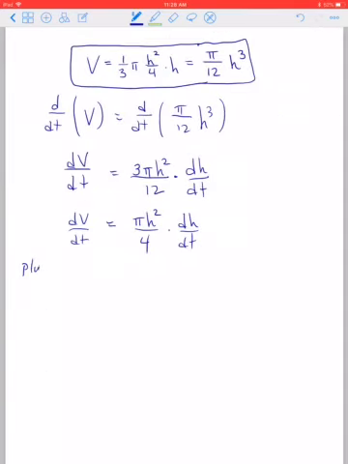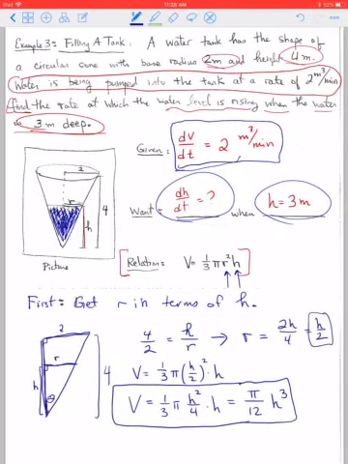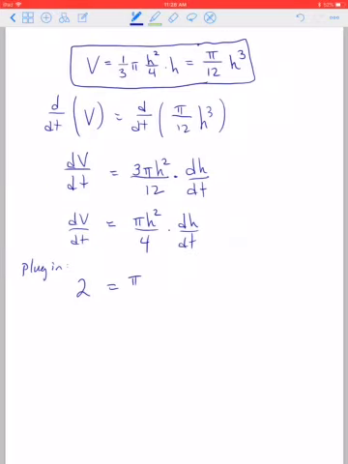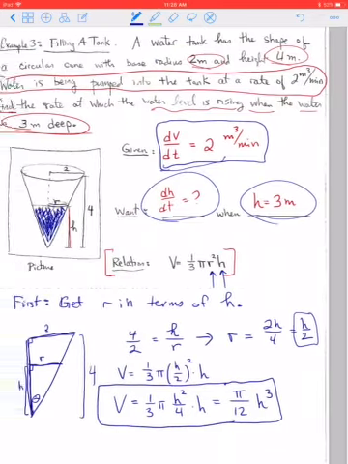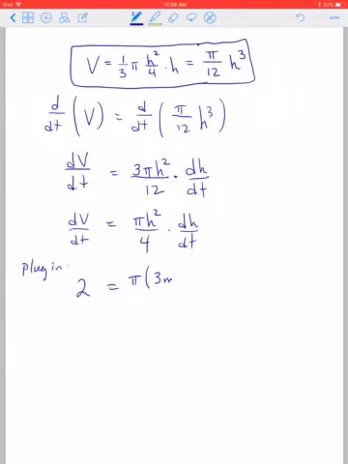So if we plug in, we get 2 equals pi times 3 meters squared. Maybe I'll put units over here, and that was per minute. Over 4 times dh/dt.